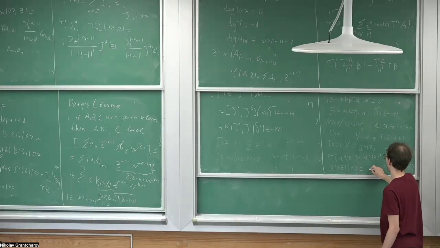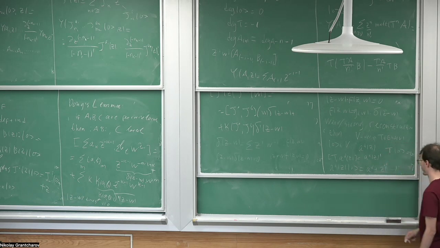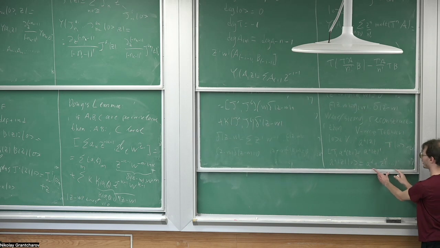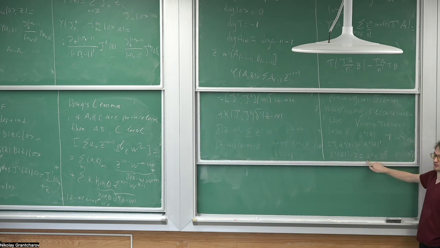Let's just denote the result by A alpha plus Z times something else. So the requirement is that it's a Taylor series, and we denote the first term by the vector A alpha.